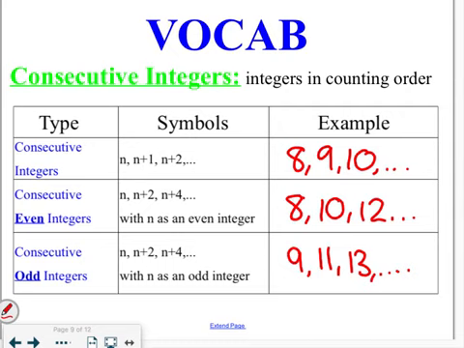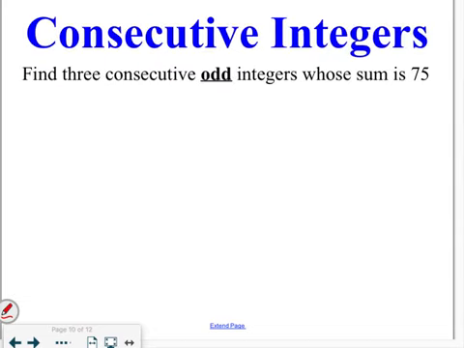We are able to use these symbols to set up to actually solve for numbers that we don't know. So the first one asks us, find 3 consecutive odd integers whose sum is 75. So we're going to be using the pattern of n, n plus 2, and n plus 4.